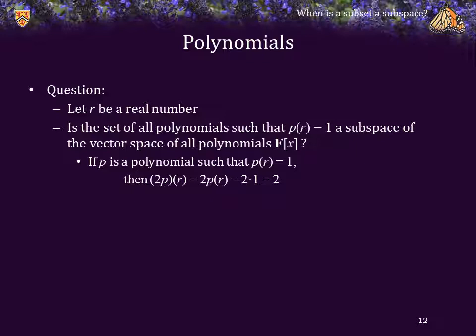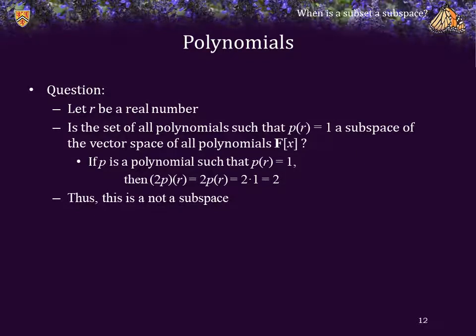So therefore, if P falls into this category, 2 times P does not. Therefore, this set of polynomials is not closed under scalar multiplication and is therefore not a subspace of the vector space of all polynomials.